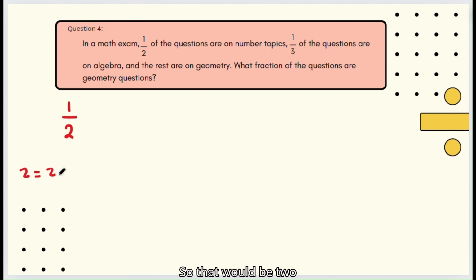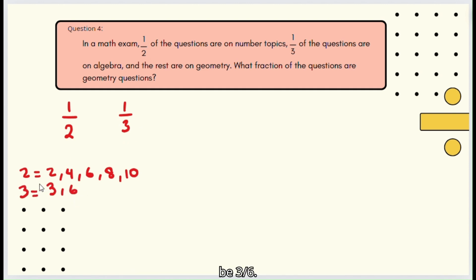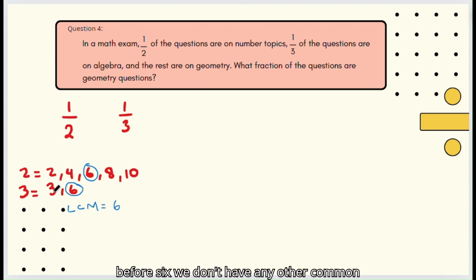That would be 2, 4, 6, 8, 10, and so on. Then for 1 over 3, we're going to find the multiples of 3. That would be 3, 6, and there we have a common multiple, 6. 6 is our least common multiple, so LCM, because before 6 we don't have any other common multiples of 2 and 3.